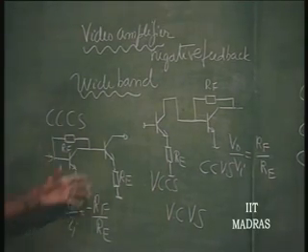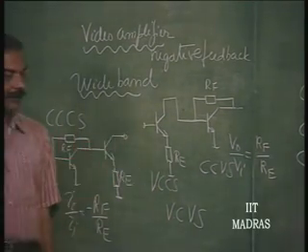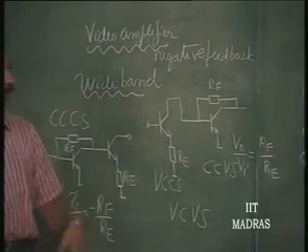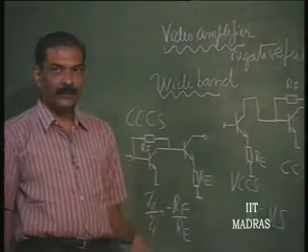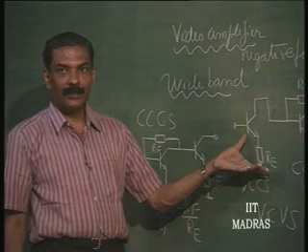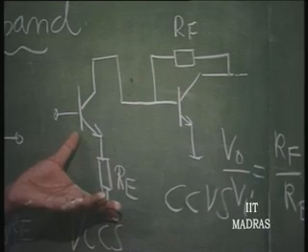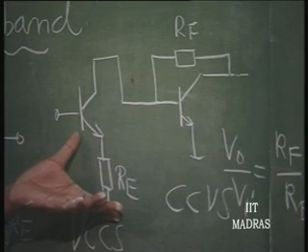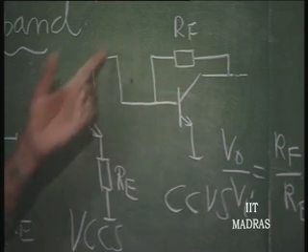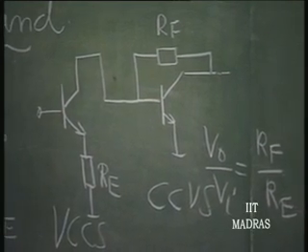Only thing is you can convert these structures, for example, into an IC by simply converting this stage into a differential stage for biasing purposes. This whole IC can be converted into a differential structure.